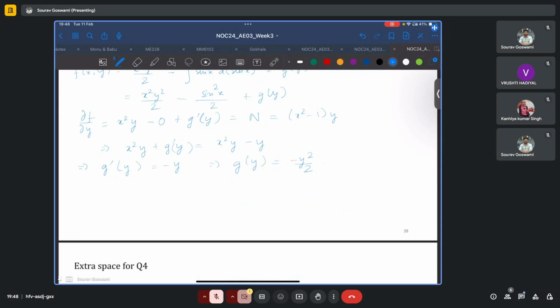If we substitute this value of g of y back into our expression for f of x, y, we get x square y square by 2 minus sin square x by 2 minus y square by 2.